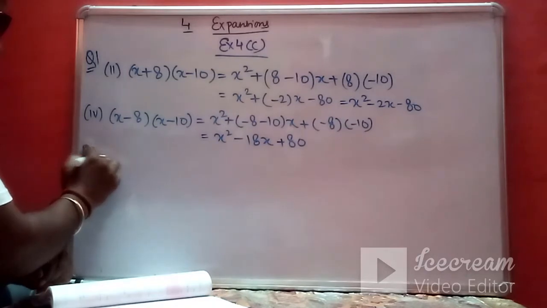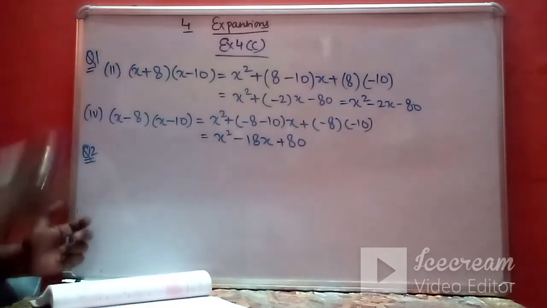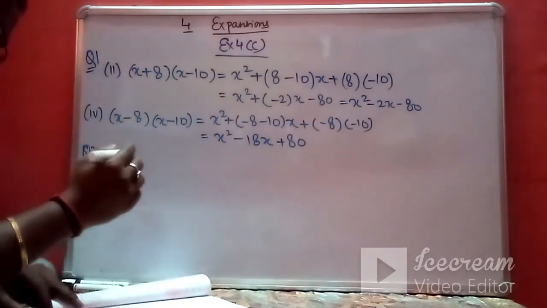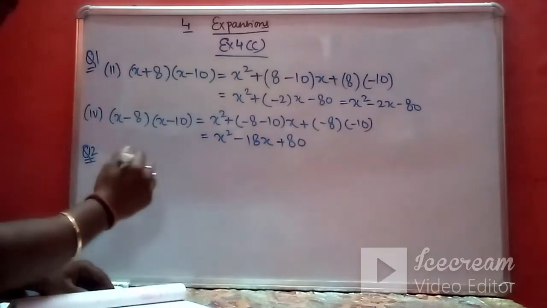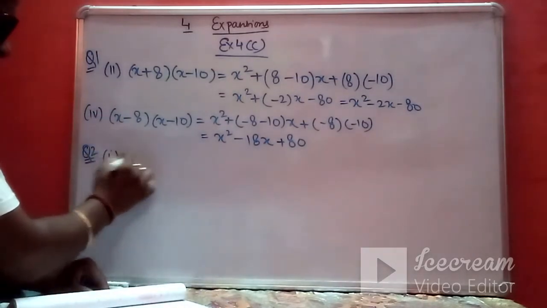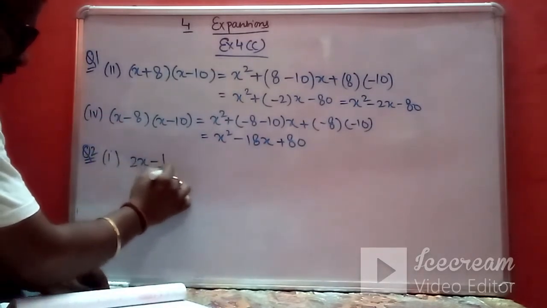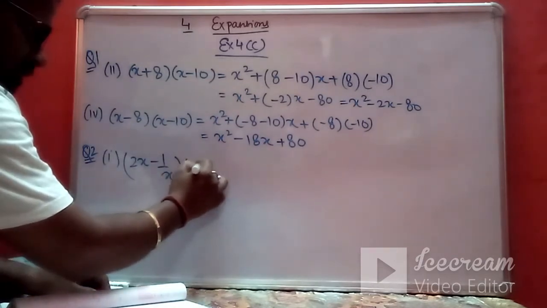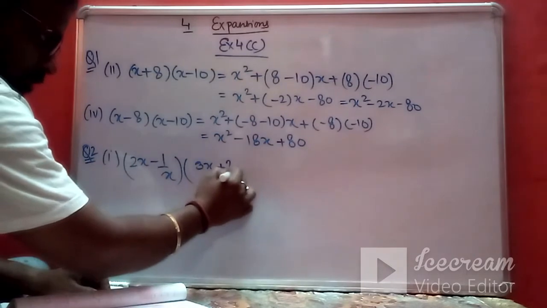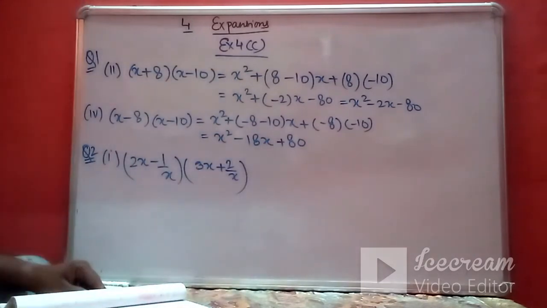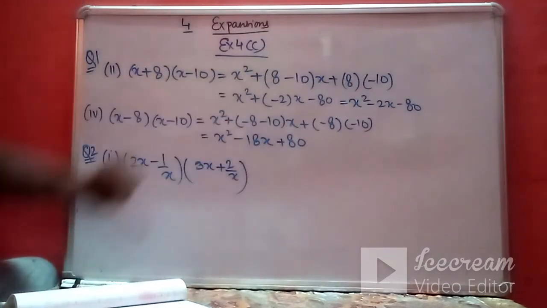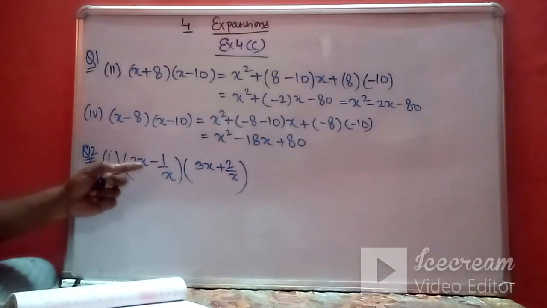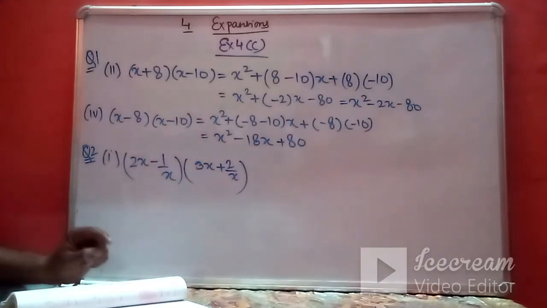Then question number 2, we have to expand it. Suppose we have to expand (2x − 1/x)(3x + 2/x). Now in this question we cannot use this form, because it is 2x and it is 3x.